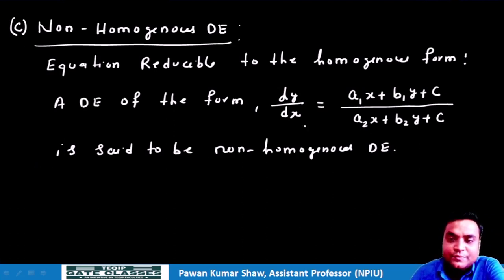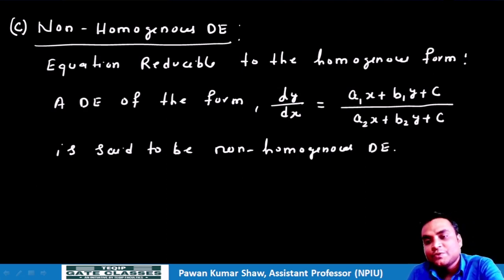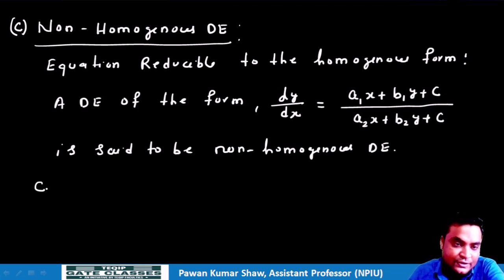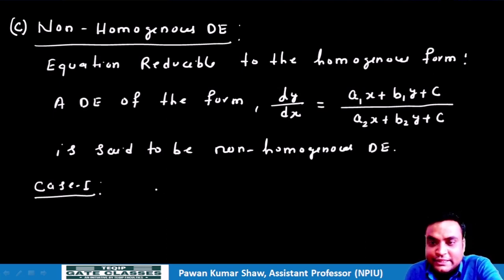Okay, so for that we can convert the problem into a homogeneous differential equation, but before that we have to check some conditions. So case number 1: when the ratio of the coefficient of x will not be equal to the ratio of the coefficient of y.